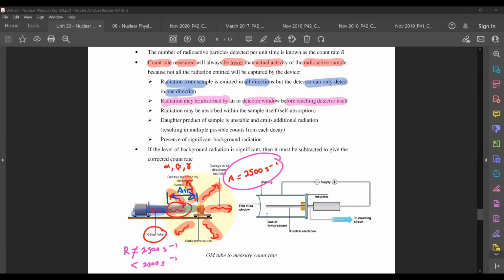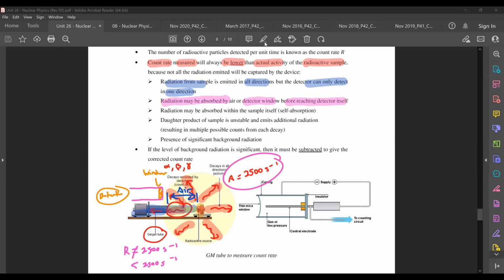It could be that your radioactive particles are already absorbed by the air itself. And if it managed to pass through that layer of air, your Geiger-Müller tube usually has some sort of window right over here for your radioactive particles to pass through. So it could be that the window itself absorbs your radioactive particle before actually reaching the detector inside. That's what this one means.